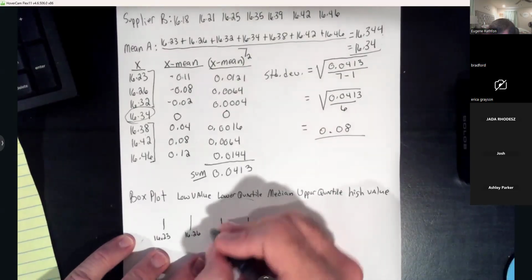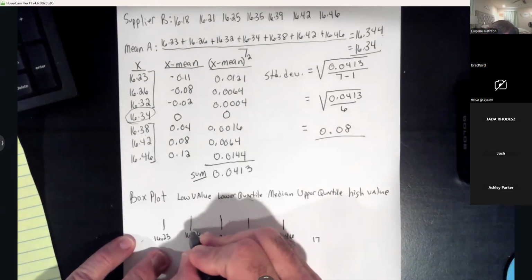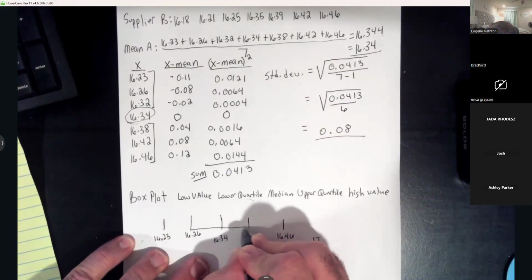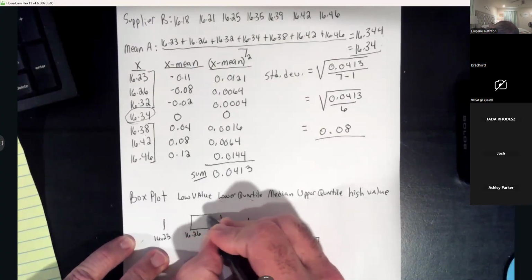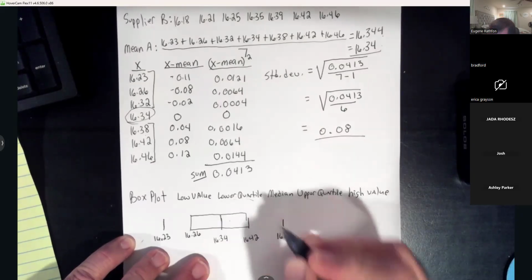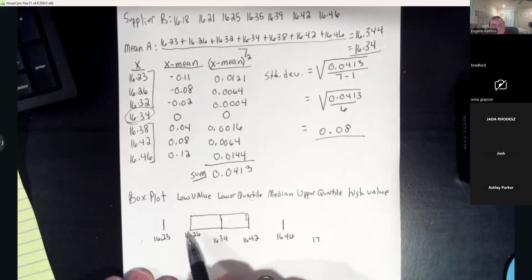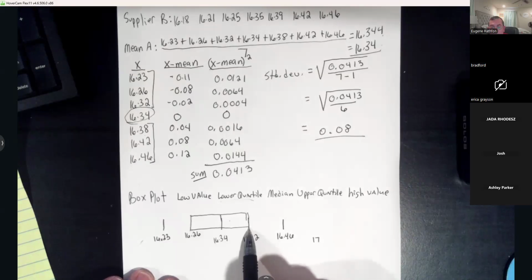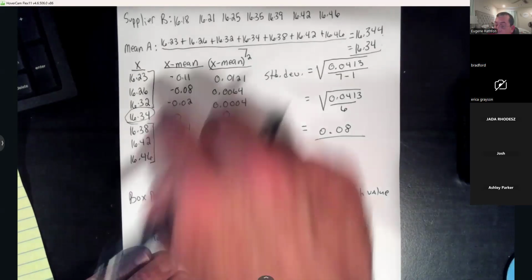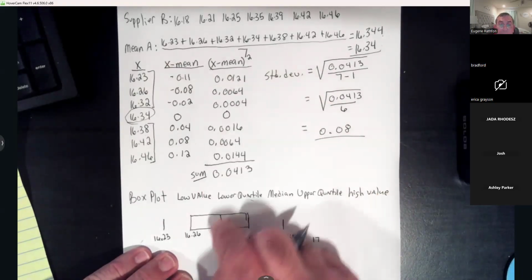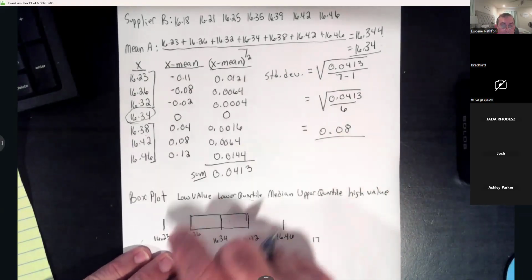Right now, so the box plot is going to box this off. So the box starts at the lower quartile to the upper quartile. Your line in the middle for your median of the whole data set. So this is the median of the whole data set.